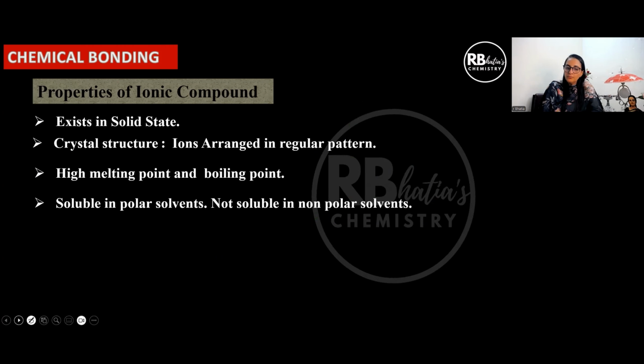And they're soluble in polar solvents, not soluble in non-polar solvents. Why? Because you know the solubility rule is like dissolves like. So ionic compounds are also polar. They've charge separation. They're an extreme case of polar compounds. So they will dissolve in polar solvents due to the principle of like dissolves like.